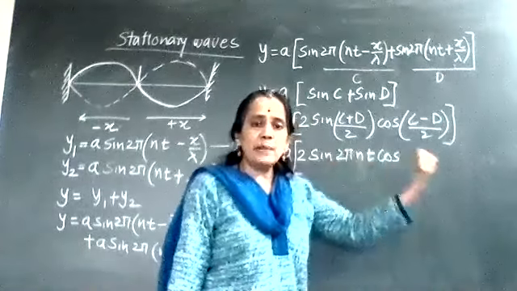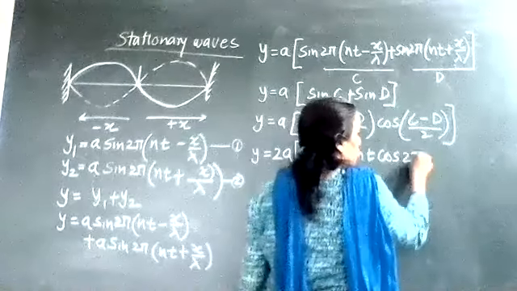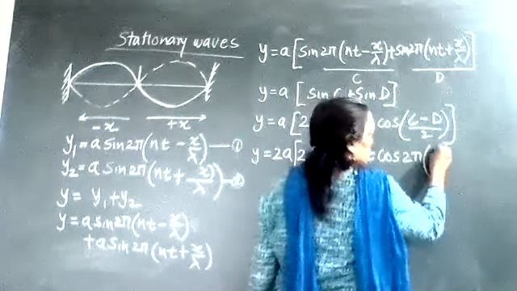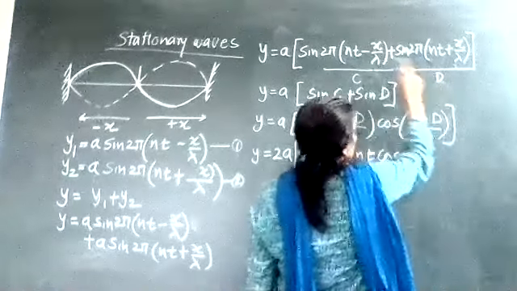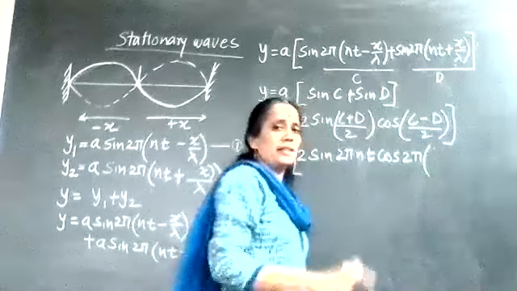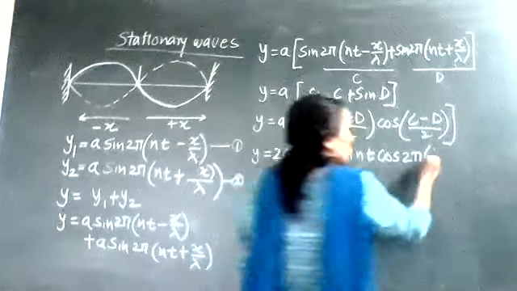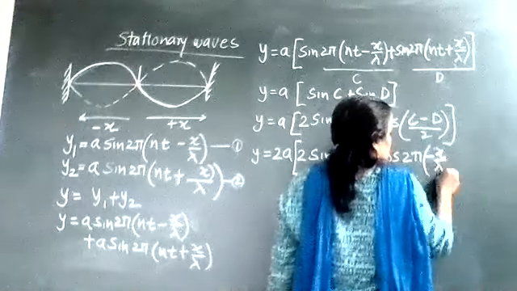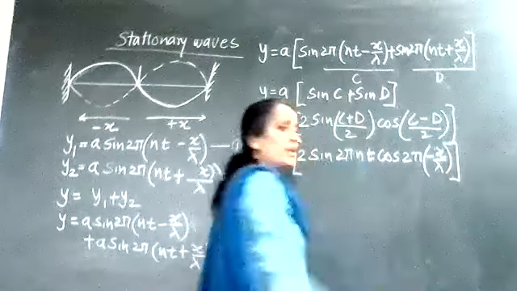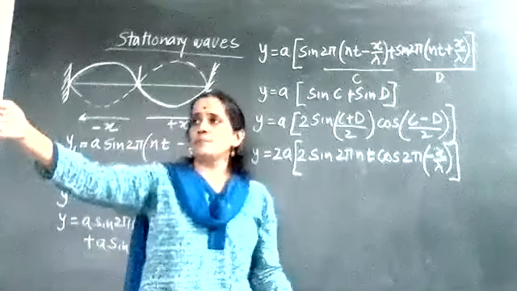So plus nt minus nt term will get cancelled. And what I am getting here is 2 pi in bracket, minus x upon lambda minus x upon lambda, that is 2x upon lambda, whole divided by 2. Means here I am getting minus x upon lambda. The 2 factor will get cancelled.